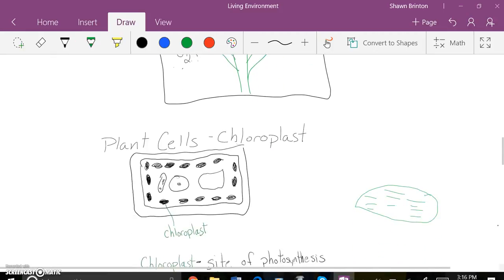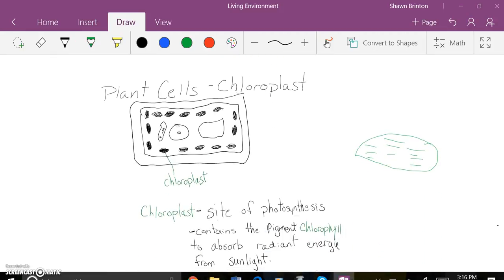Just going back into plant cells real quick, we can notice that in a plant cell you have these chloroplasts, and the chloroplast is the site of photosynthesis. We know it also contains the chlorophyll, which absorbs the radiant sunlight.